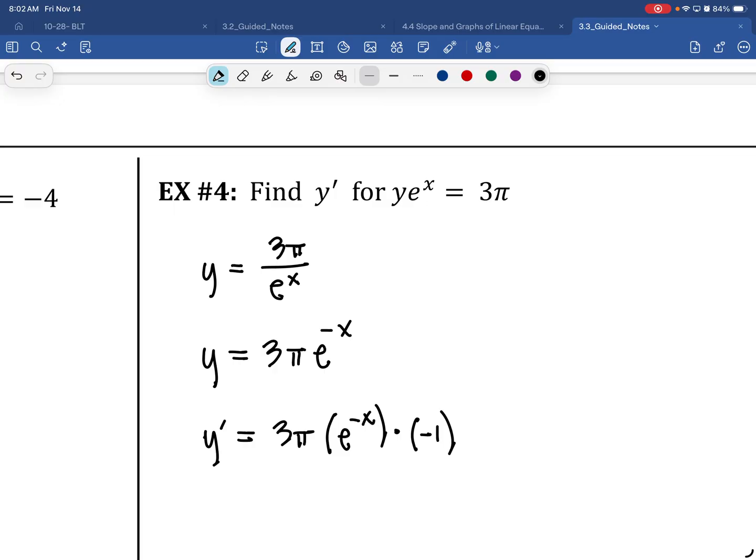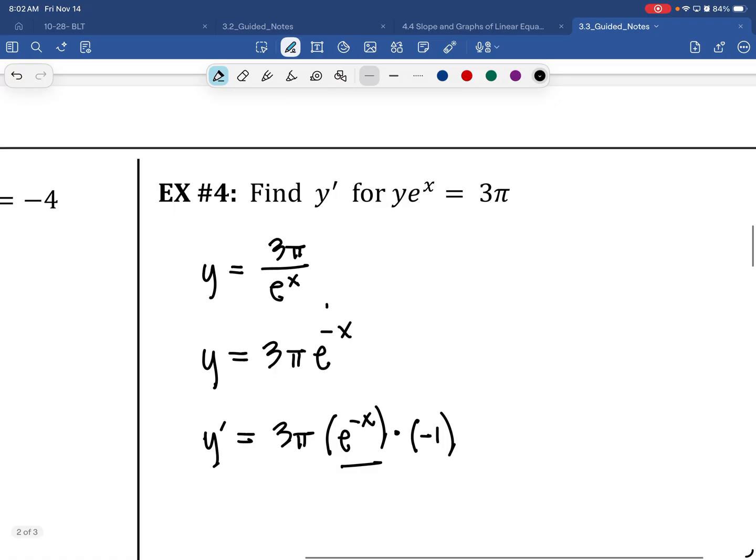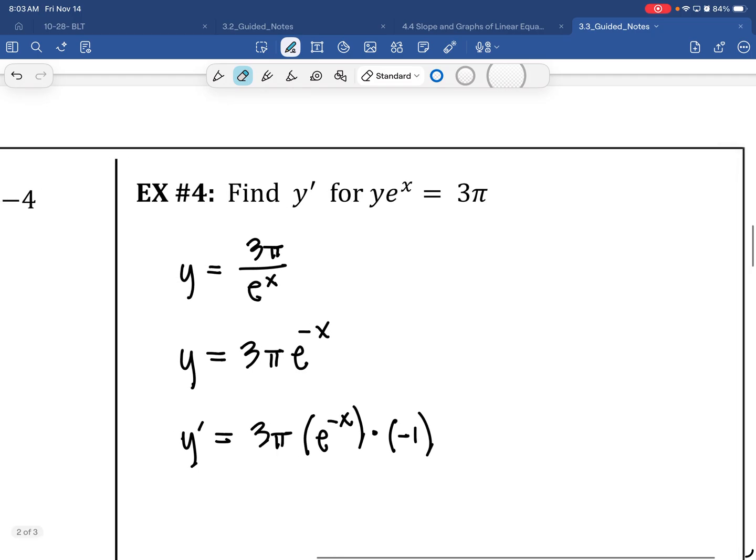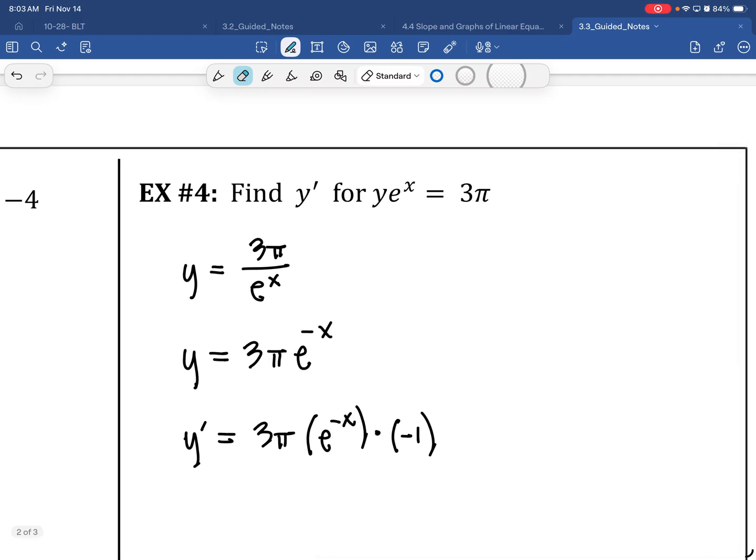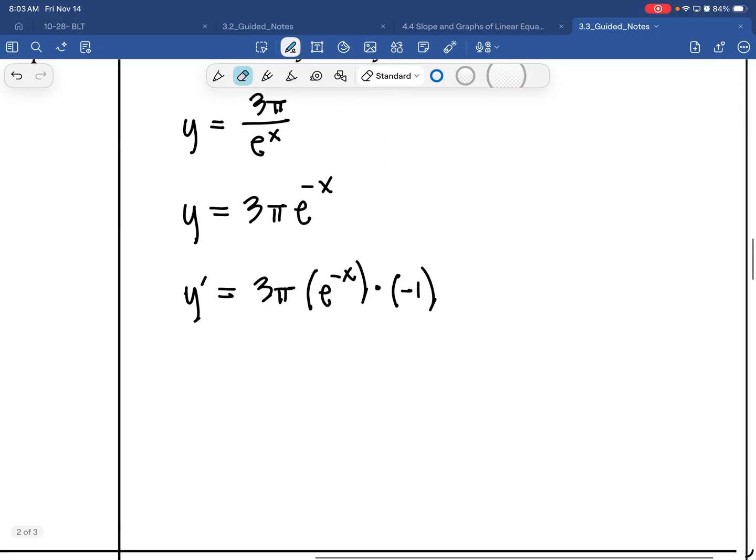The chain rule, where we did the derivative of e to the something, which is e to the something, that's this. And then we have to do the derivative of the something. The derivative of, in this case, the exponent, the negative x, is -1. And then I could obviously multiply the -1 and the 3 pi to get -3 pi e to the negative x. Here.